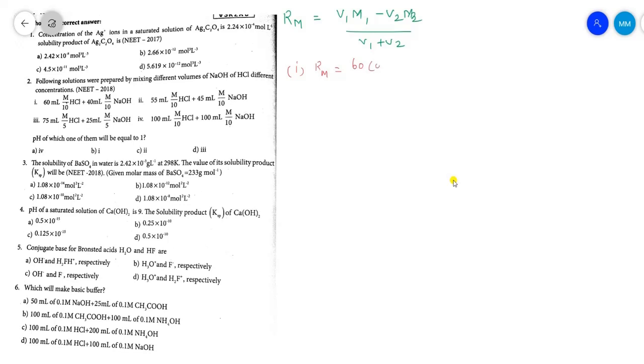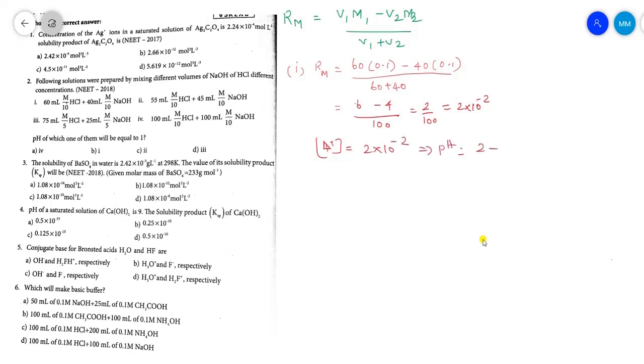M by 10 is nothing but 1 by 10, 0.1, minus 40 into M by 10, it is 0.1, divided by total volume 60 plus 40. 60 into 0.1, 6 minus 4 divided by 100, this is equal to 2 divided by 100, this is 2 into 10 to the power of minus 2. So this is acid. So the H plus ion concentration is equal to 2 into 10 power minus 2. Therefore pH is equal to 2 minus log 2. This is not equal to 1.